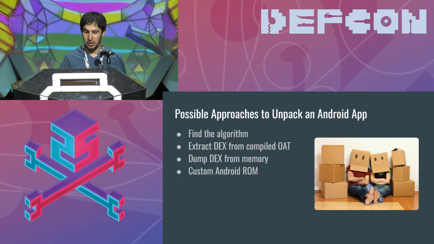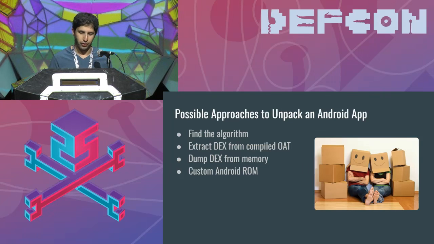Another method might be dumping the DEX from memory, but again, this does not always work because the DEX part might be missing, and the packer will use the OAT file.